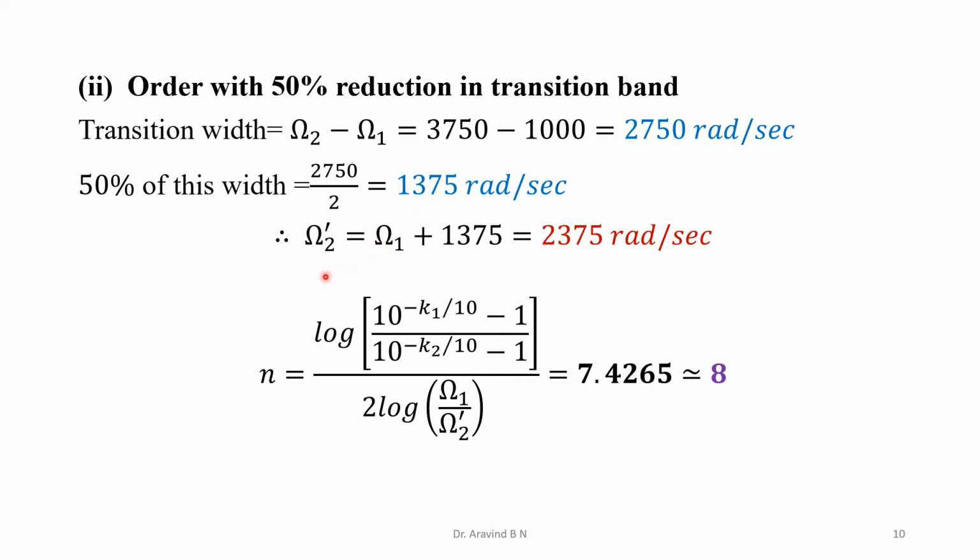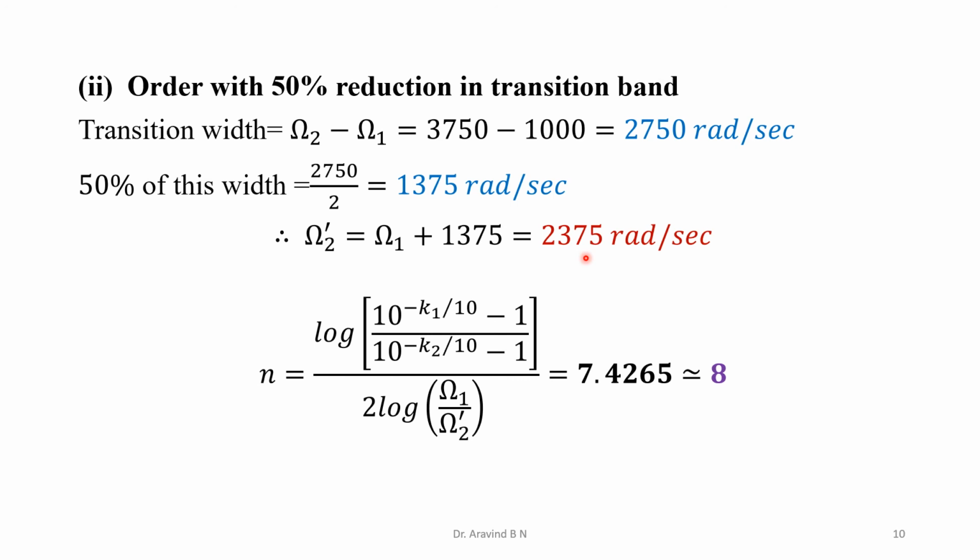Now calculate the new stop band value, that is omega 2 dash. That will be equal to the pass band plus the new transition band. We obtain the new stop band value. Again I am repeating, it is clearly mentioned in the question that you keep the pass band value as it is, reduce the transition band and then find out the order.